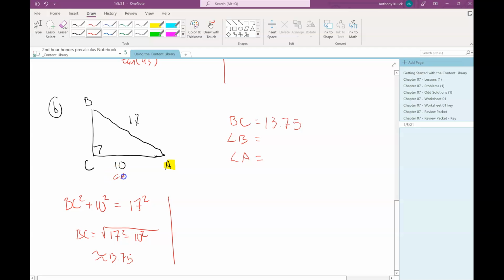Adjacent. And the side 17 is opposite, adjacent, or hypotenuse? Hypotenuse. So which trig function should I use for adjacent and hypotenuse? Cosine. So we'll say cosine of A is equal to adjacent over hypotenuse.